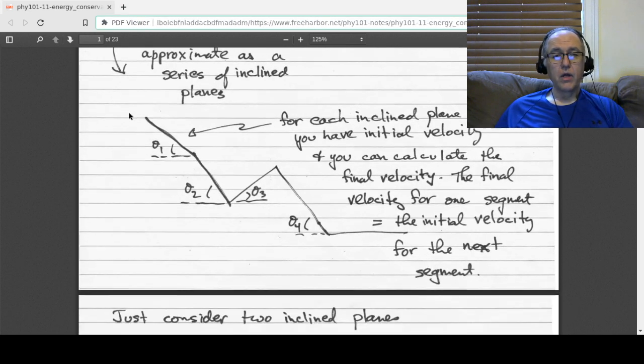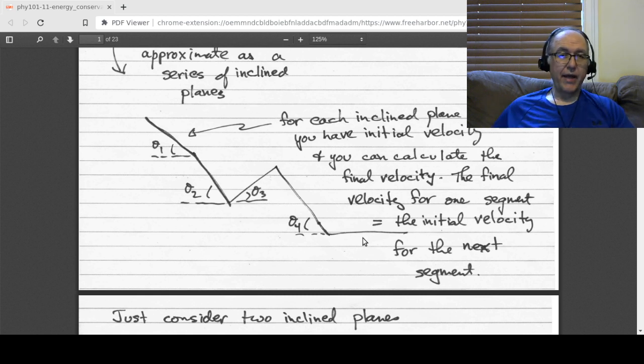Each line segment is basically one of our little wedge problems. So you could redo the inclined plane problem along the first segment, and then do an inclined plane problem along the second one, the third one, and the fourth one, and then finally at the end you can get the velocity.